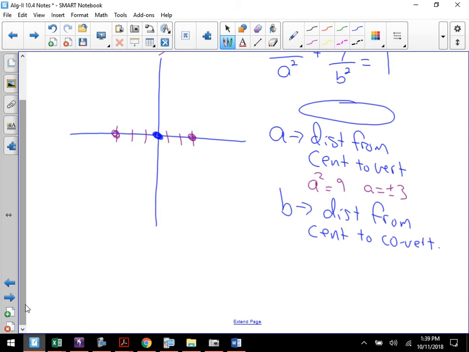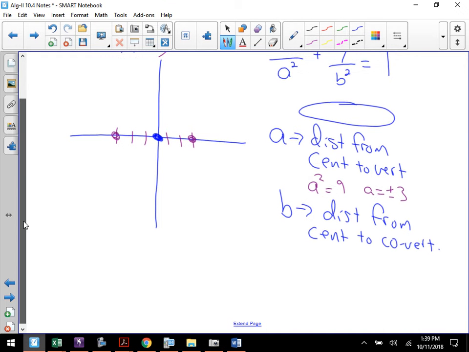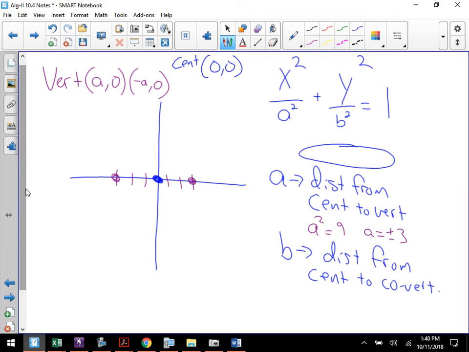The covertex has a shorter distance to get to than the vertex, because that means it's being squished. That way you can stretch out the other way. Okay. So again, if I take a b squared and I take the square root of it, that's how I get that plus minus b value, move it up and down.